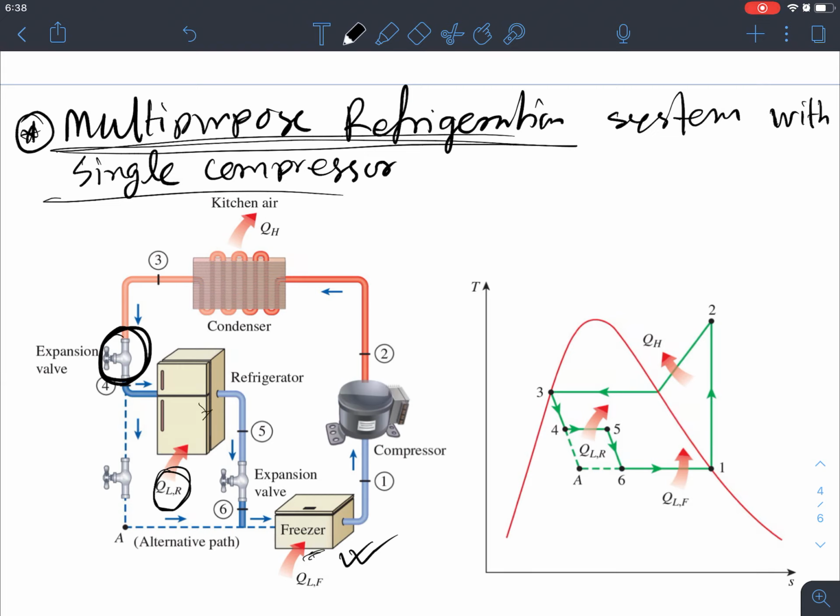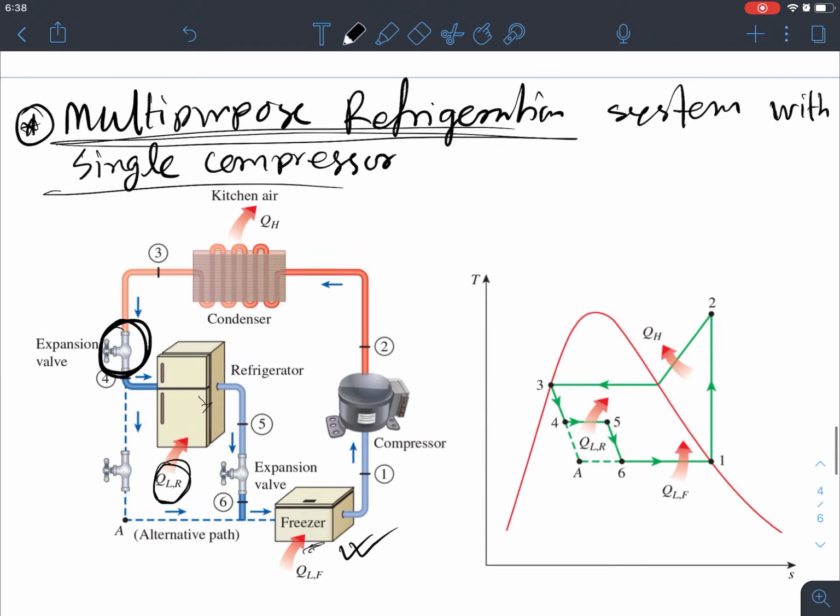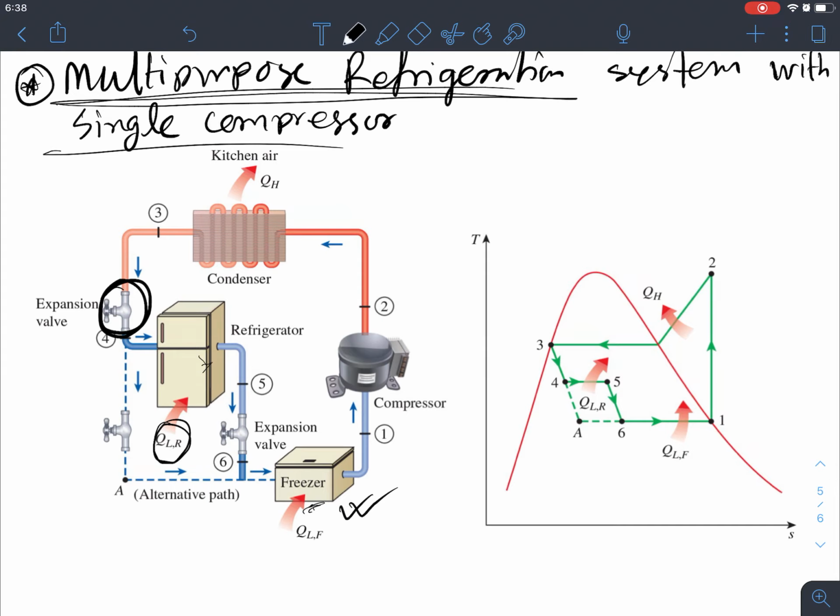However, it still has some pressure and temperature. If we further expand that refrigerant, we can still create more cooling effect. That's why we are expanding through another valve, which is 5 to 6, and then absorbing the heat, basically QL, for the deep freezing unit.